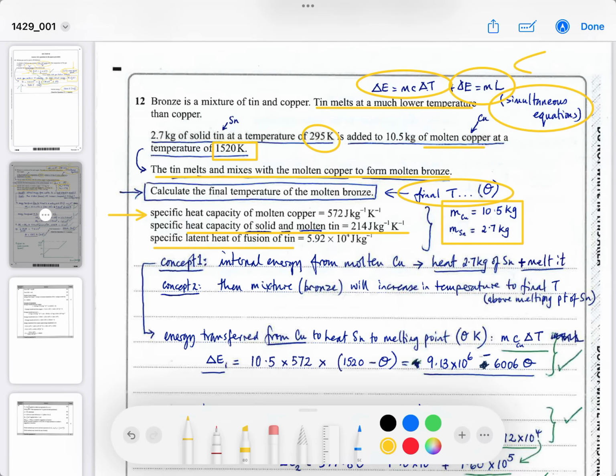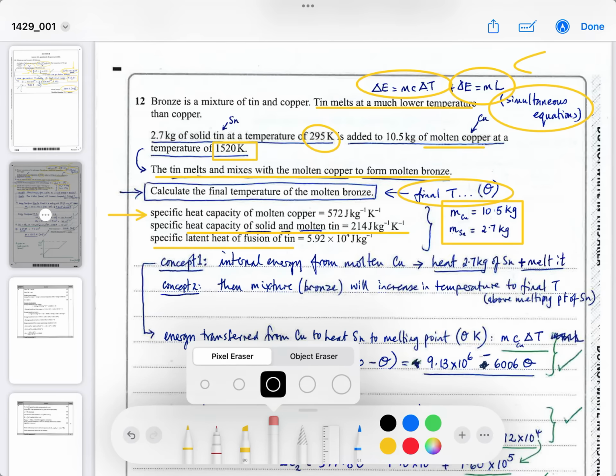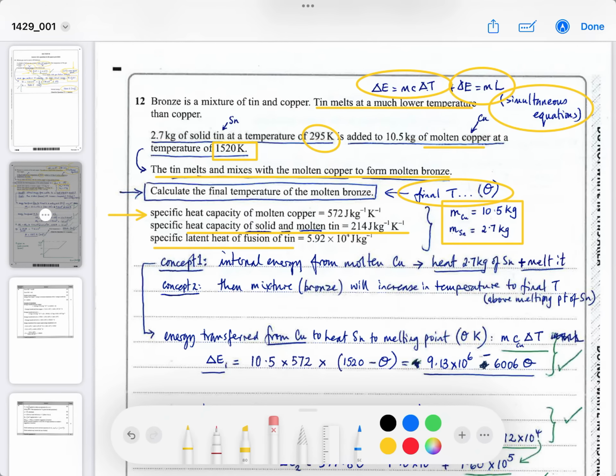Okay? Because as well as changing temperature, it's also changing state. So you've got to think of both.